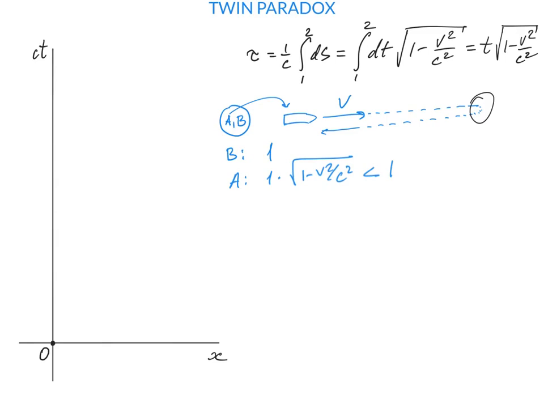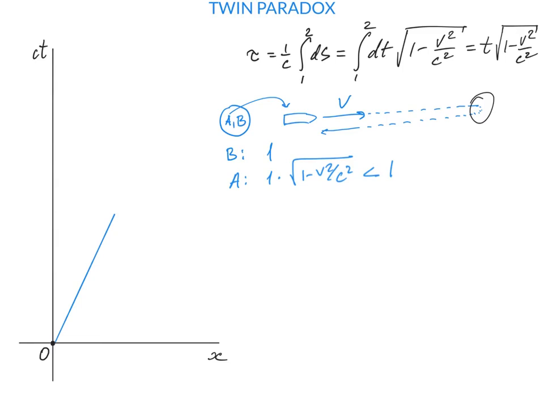Now, I'm going to draw the outward journey by a straight line starting from 0. So this would be Alice's world line as she travels out. Now, when she goes back, we assume she decelerates and accelerates back very quickly.